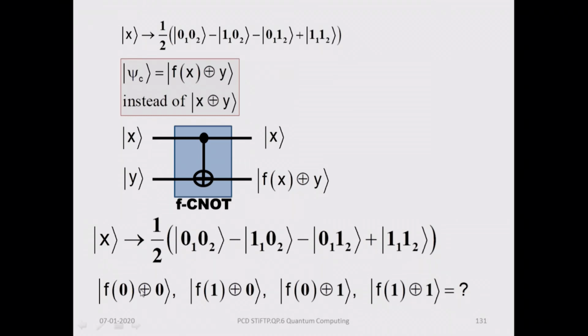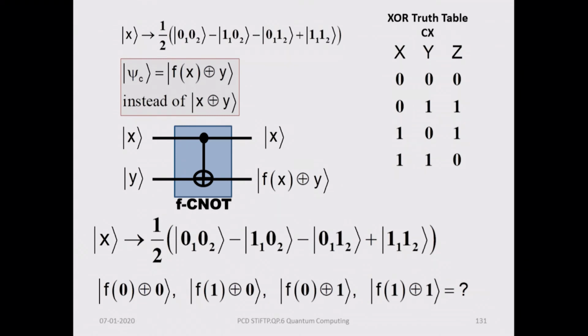So, this is f0 XOR y. That is what you will get for the first term. For the second term, you will have f of x, x is 1. So, this is f of 1 XOR with y. What is y? y is 0. So, you will have f1 XOR y, okay, and similarly you have the other 2 terms.